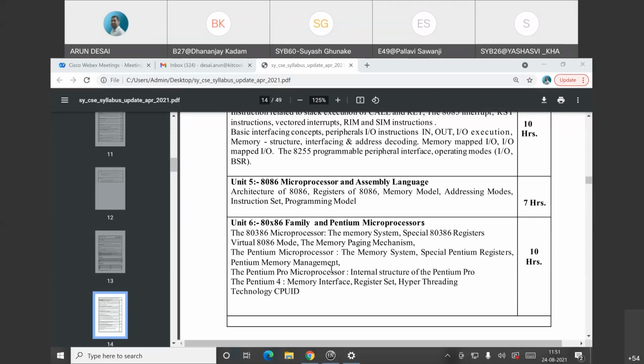Basically, it is a comparison of all the processors, what all things are there and what is added in the next processor. So this is about unit 6. This is how your syllabus is composed, right? The first two units are on digital logic and design. The next two units are on the 8085 microprocessor. The fifth unit is on 8086, and then the sixth unit is the x86 family, right? So this is about your syllabus.